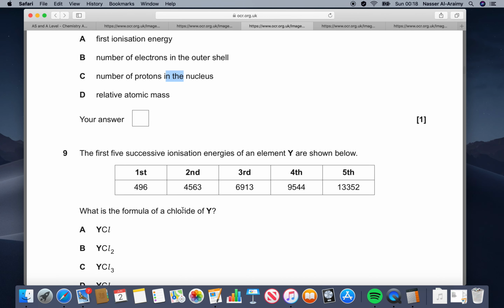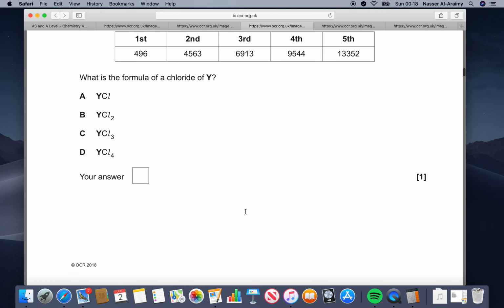Ionization energies. Once you get the hang of it, it becomes a bit more simple. So think about what's happening as you're knocking off those electrons. What do you expect will happen? Thinking about the electron configuration.